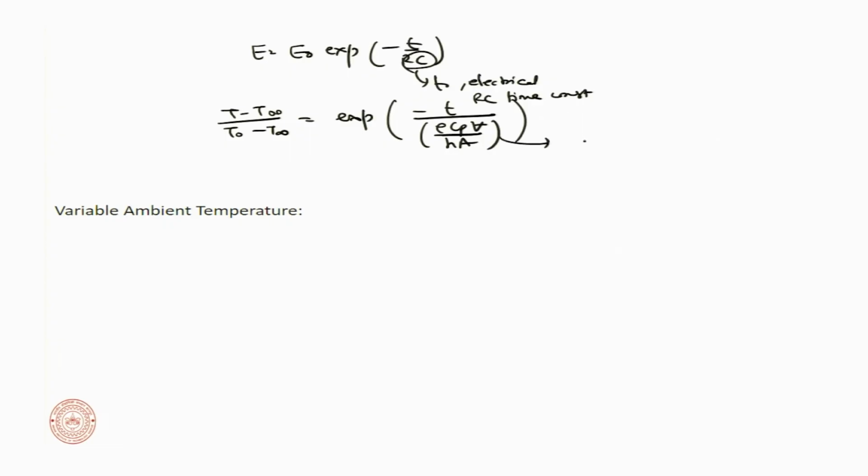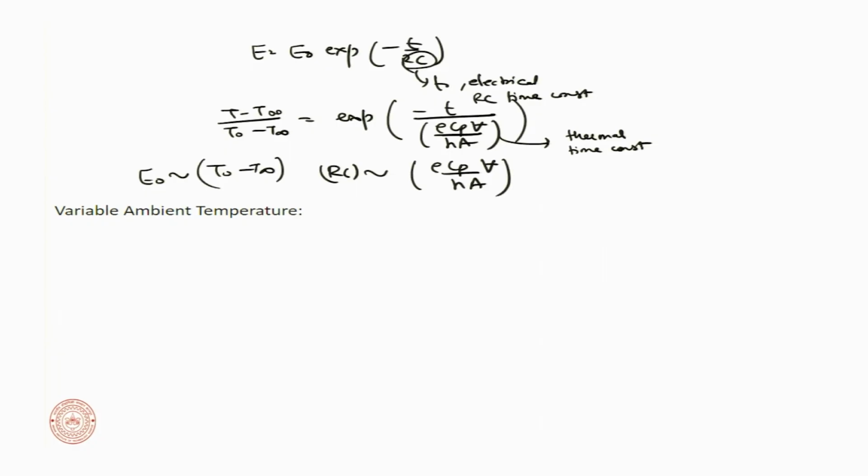Right, so this is our thermal time constant. Okay. From this analogy, E naught is comparable to T naught minus T infinity. Our time constant RC is comparable to rho CpV over hA.